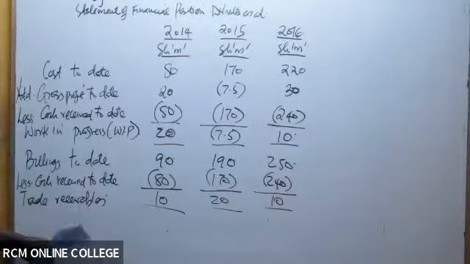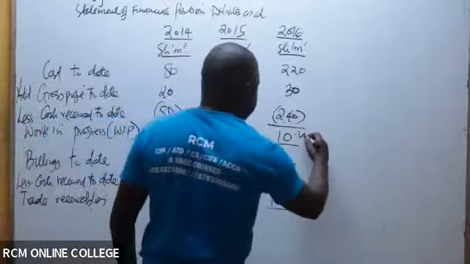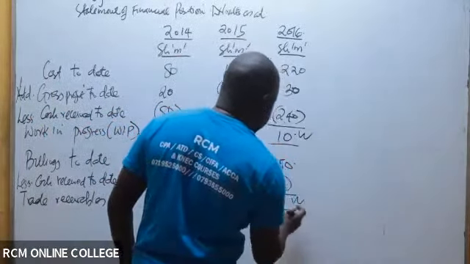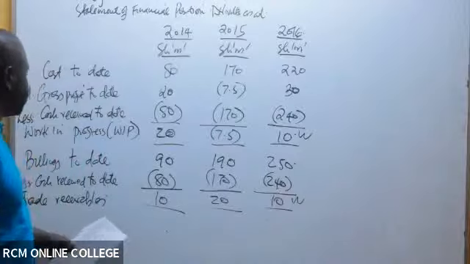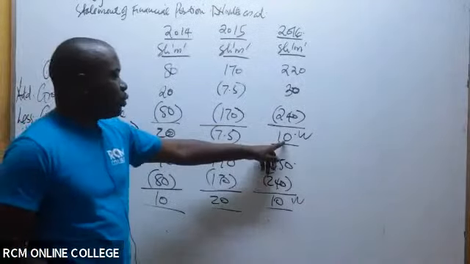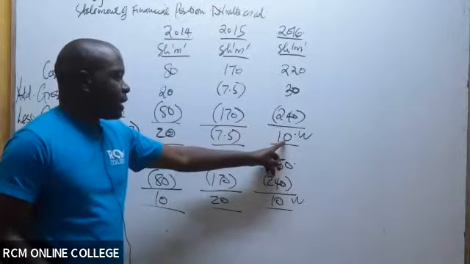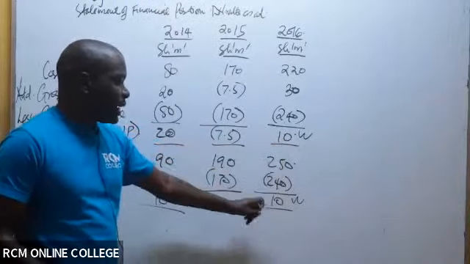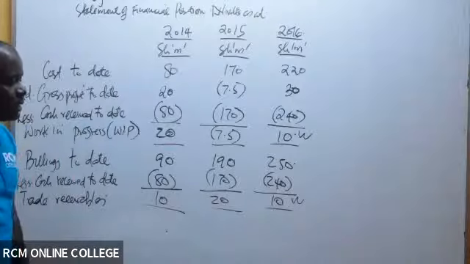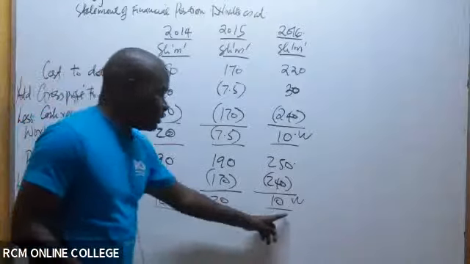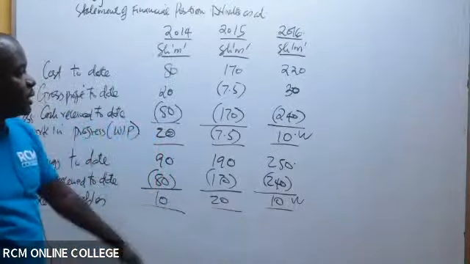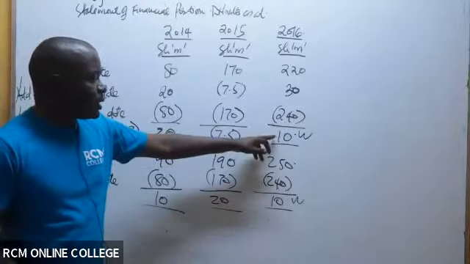And of course, you can see this one is similar to this one. So we said this is the work in progress in the final year. So it means this work by the year 2016, this contractor had not completed. So it means he was not paid, so he is still owed. So from the client, there's still a receivable of 10 in terms of the contract price, because he hasn't performed this work.